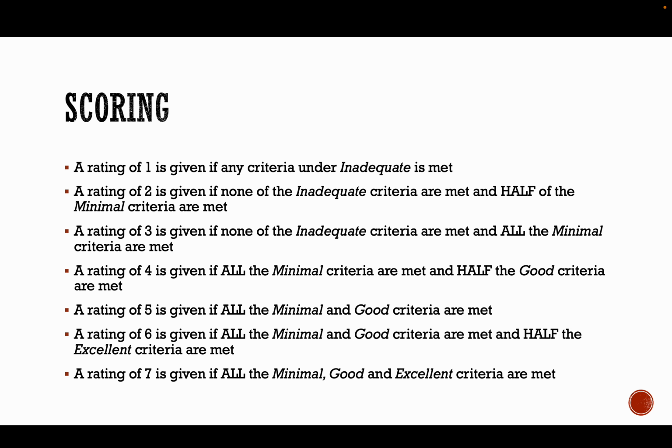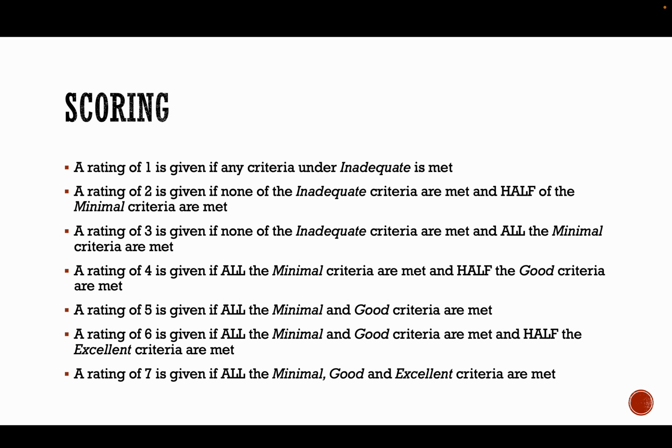A rating of 3 is given where none of the inadequate criteria are met and all of the minimal criteria are met, but nothing more. A rating of 4 is given if all of the minimal criteria are met and half of the good criteria are met. A rating of 5 is given if all the minimal and all the good criteria are met.